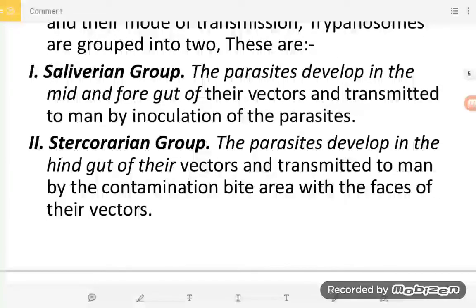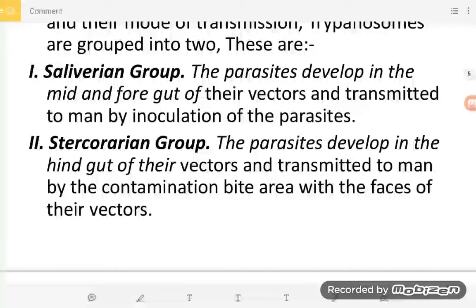First one, the salivarian group: the parasite develops in the mid and foreguts of the vector and is transmitted to the human by inoculation of the parasite.